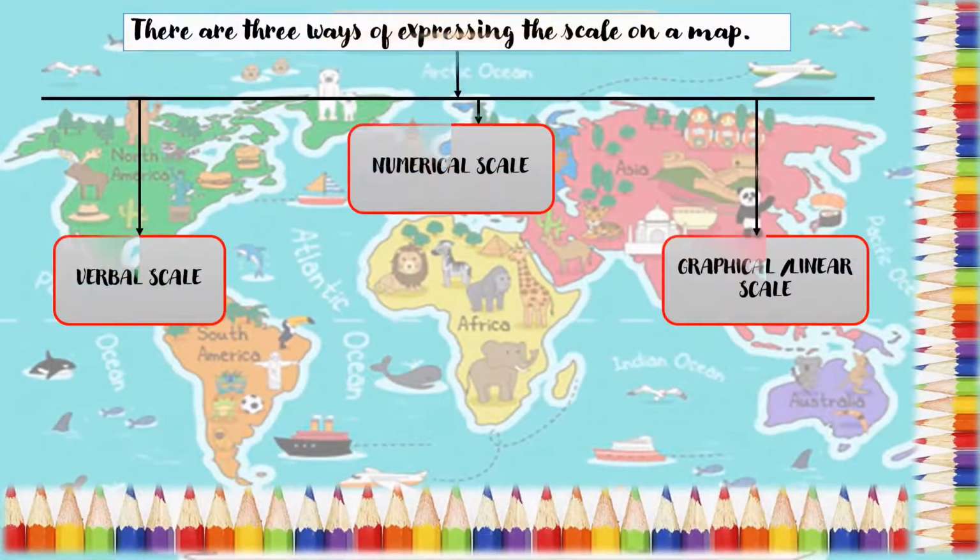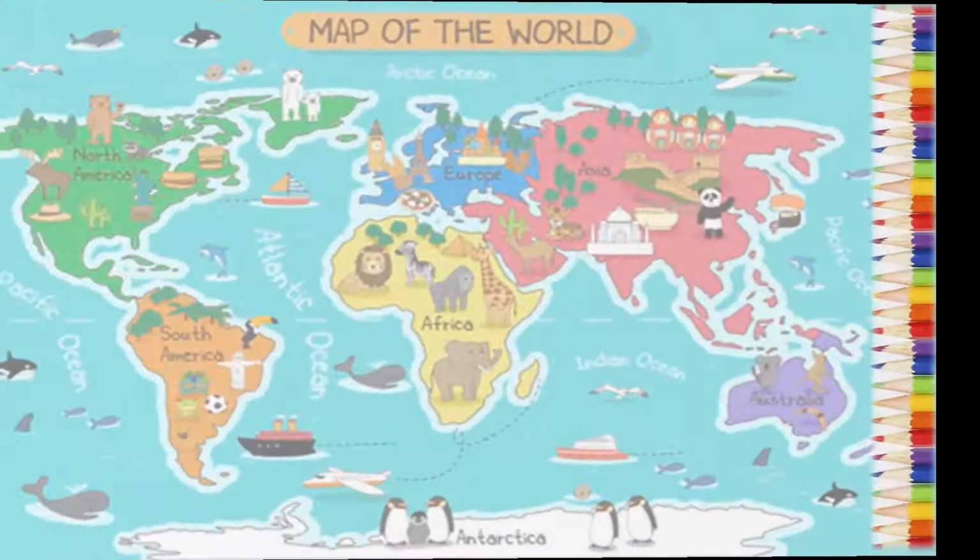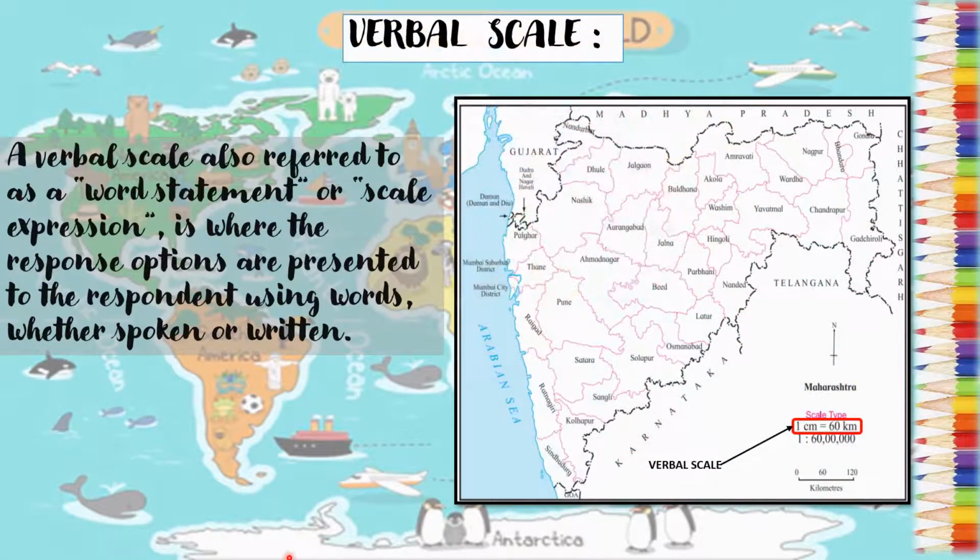Now, there are three ways of expressing the scale on a map. That is verbal scale, numerical scale, graphical scale or linear scale. Now let us understand verbal scale. A verbal scale is also referred to as word statement or scale expression, where responses are presented using words, whether spoken or written.